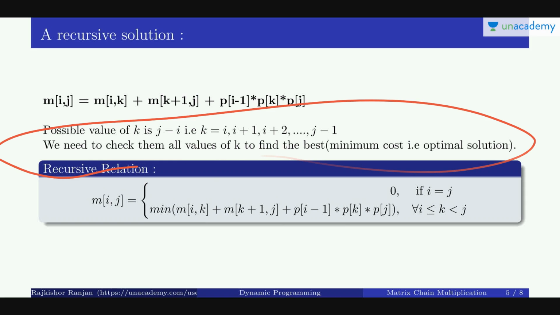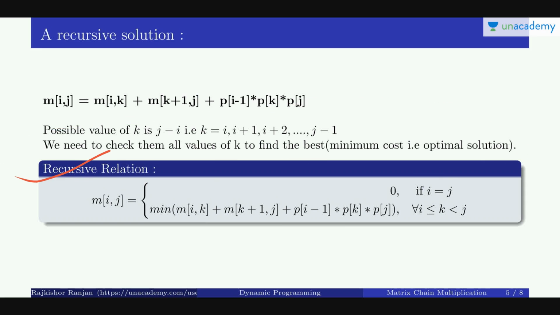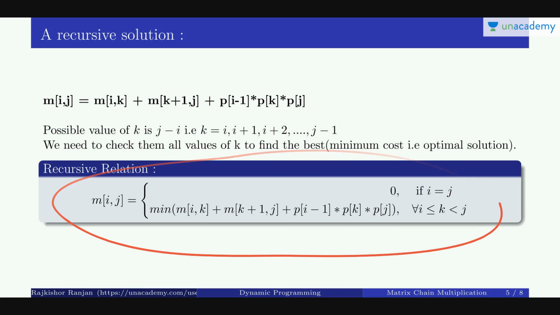So the recursive relation here is m(i,j) equals 0 if i is equal to j, because in this case there is only one matrix, so the multiplication cost is 0. In other cases, that means for i less than j, m(i,j) would be equal to the minimum of m(i,k) plus m(k plus 1,j) plus p(i minus 1) into p(k) into p(j), for all k between i to j. In this recursive relation we are generating all the configurations.